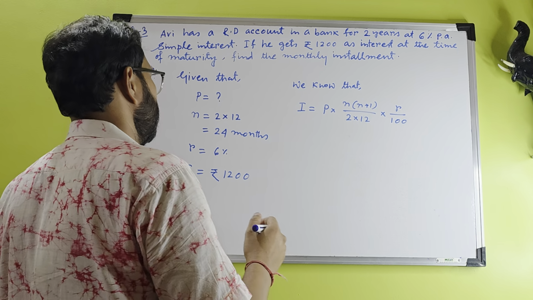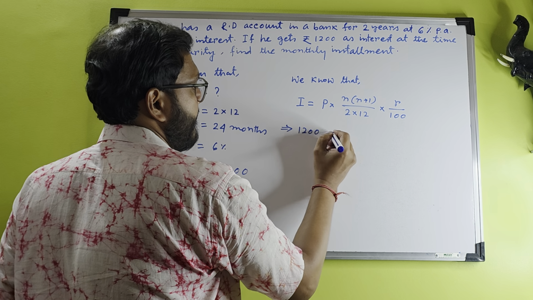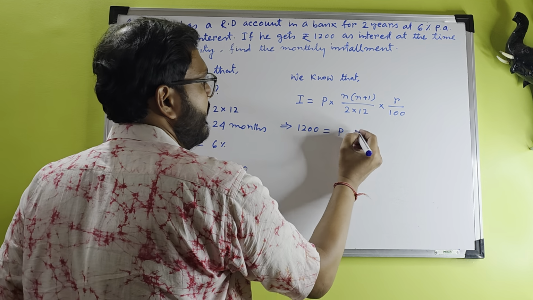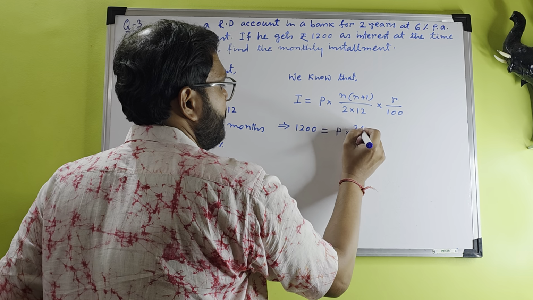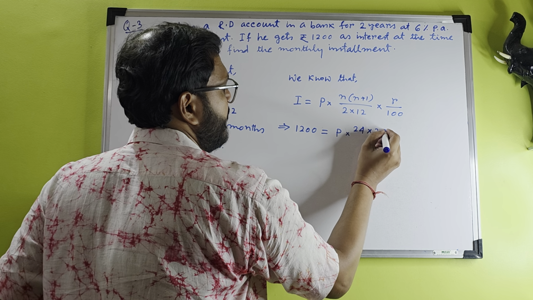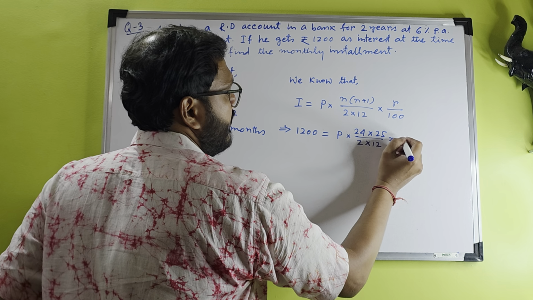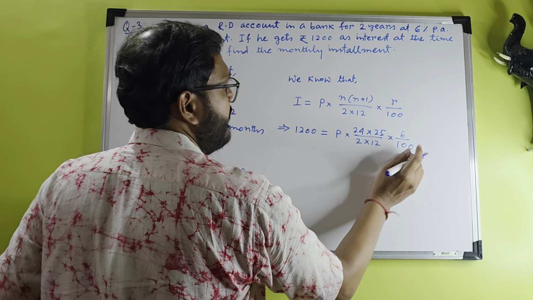Okay, so I is 1200, P is unknown, so keep P, no issue. N is 24 into 25 by 2 into 12 into R is 6 by 100.